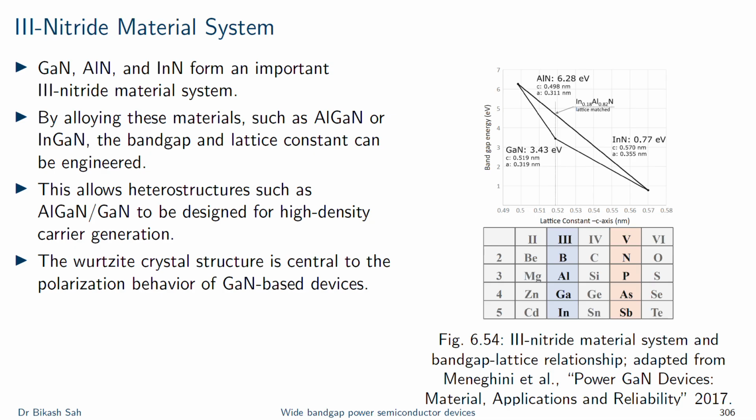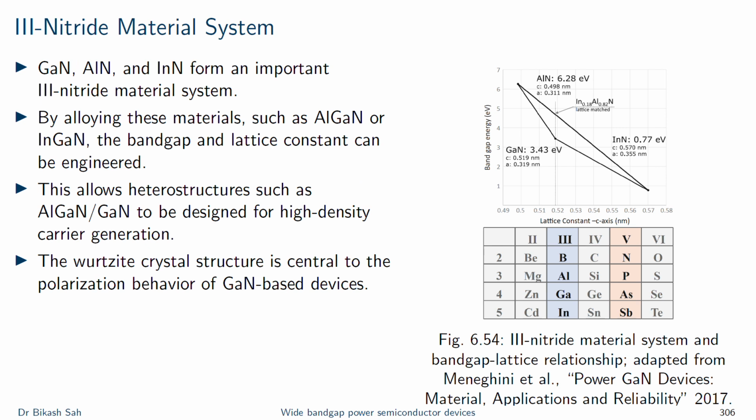These are not just a minor material science detail. They are the basis for heterostructure device engineering that we will have in the next few slides. By changing the alloy composition, we are basically tuning the band gap, lattice constant, strain, polarization charge, and interface properties.